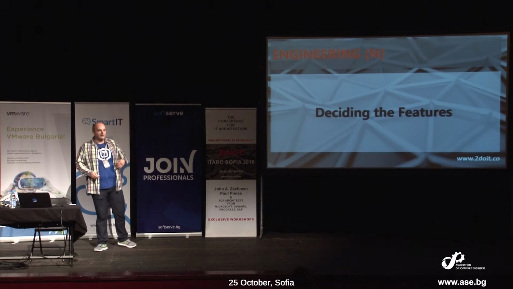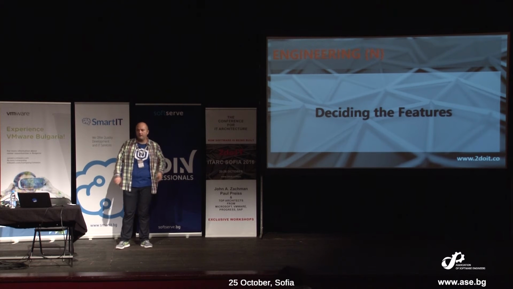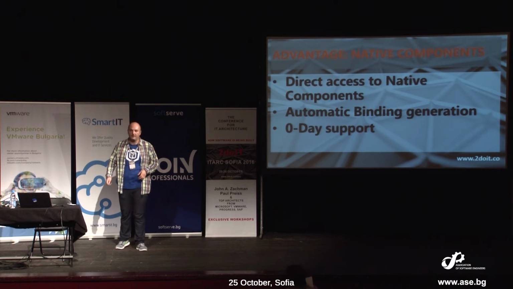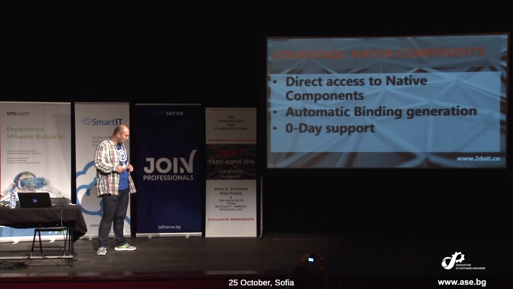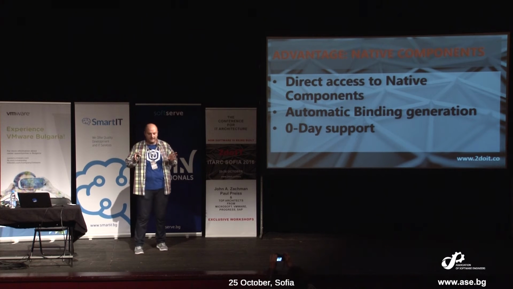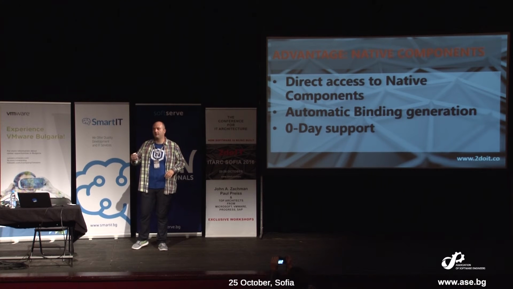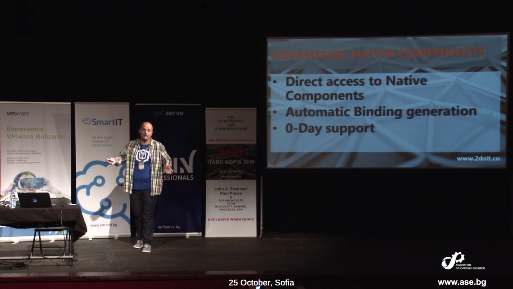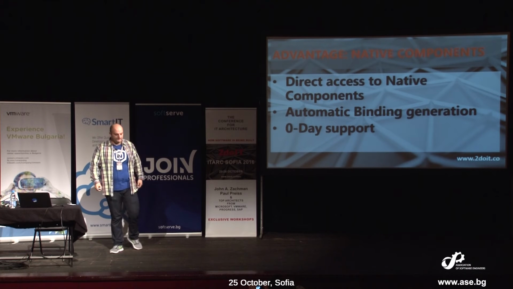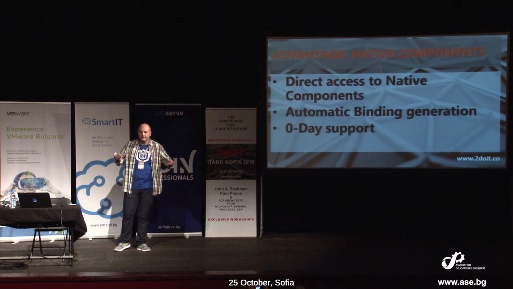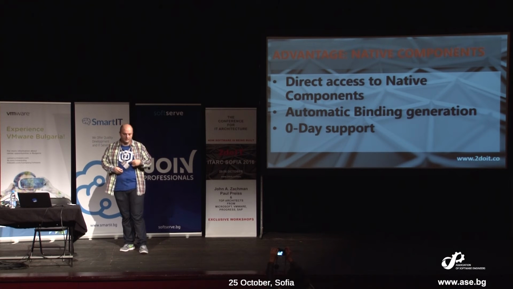And now let's see how the NativeScript team decides on the priority of the features and which features to implement. Here is the first set of features. The first decision of which features to make is the essential features, what NativeScript provides to the community so that they choose you instead of the competition.